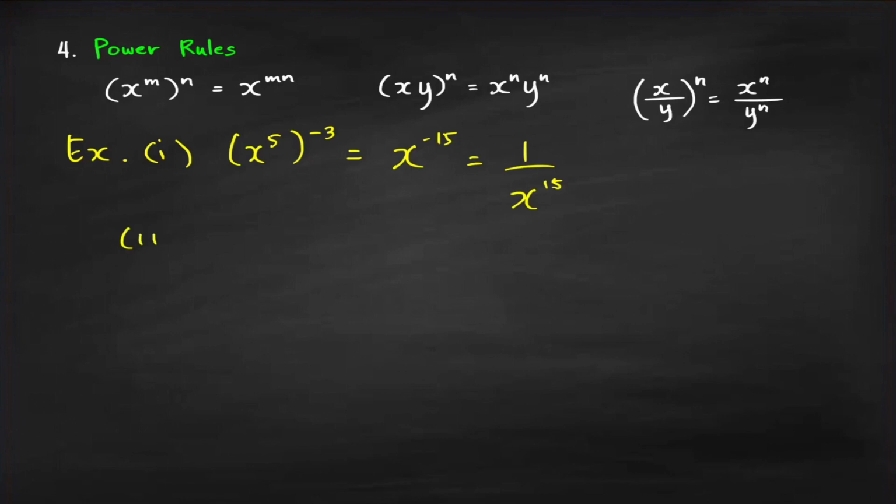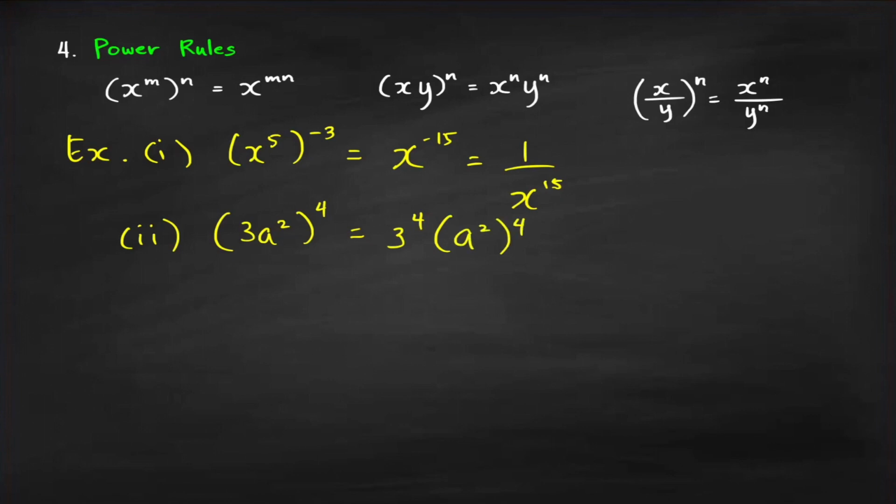Next problem, let's say you have 3a squared quantity raised to 4. Take note that this is the fourth power of a product, the product of 3 and a squared. Using this second power rule, we can write it down as 3 raised to 4 times the fourth power of a squared.